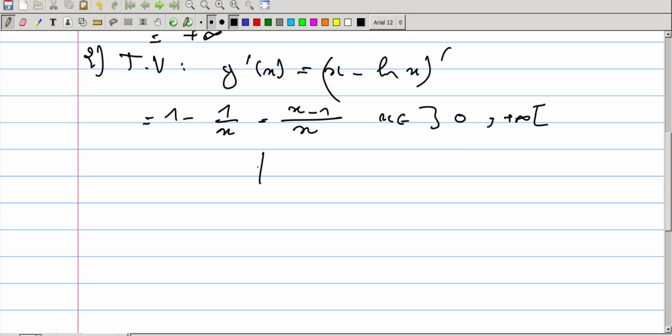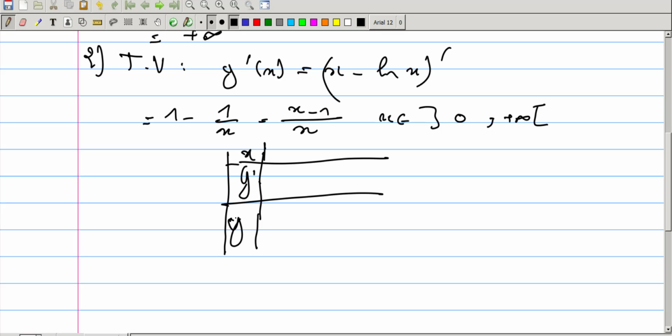We are speaking here about variations, a table. We need to draw a table of variations of our function g. The sign of g prime will give us the variation as we know.